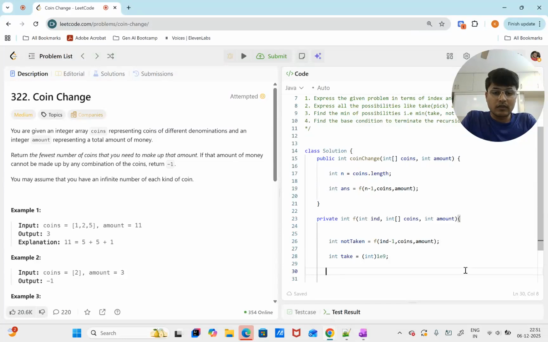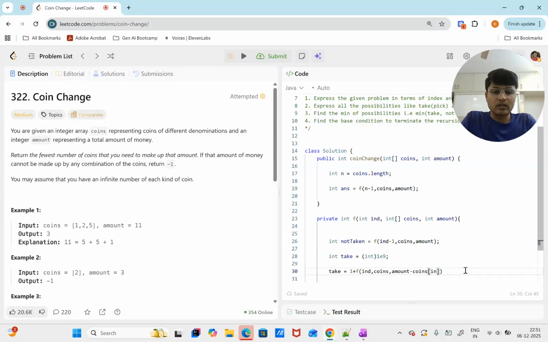So just take an example now, like if we write take, how will take look, take equal to, we have taken that particular denomination at that particular index, so one count for that, and then we are moving further, but again taking the same index, so we will not reduce it by 1 because there are infinite coins for each denomination, but the amount will reduce by the coin which we took at that particular position.